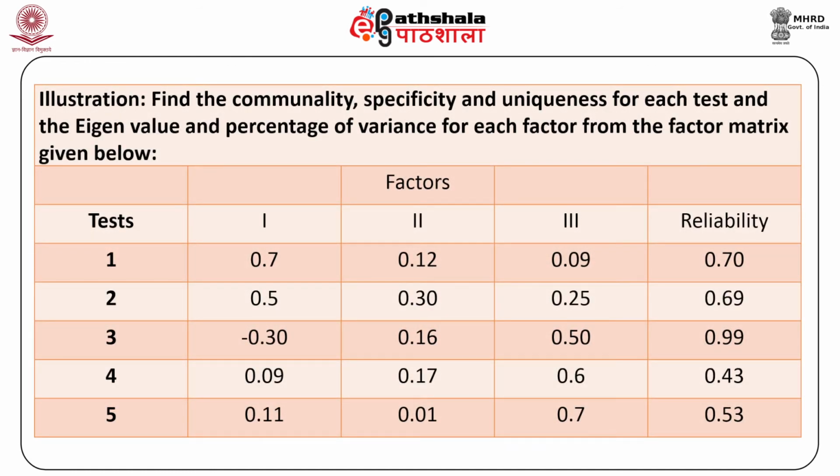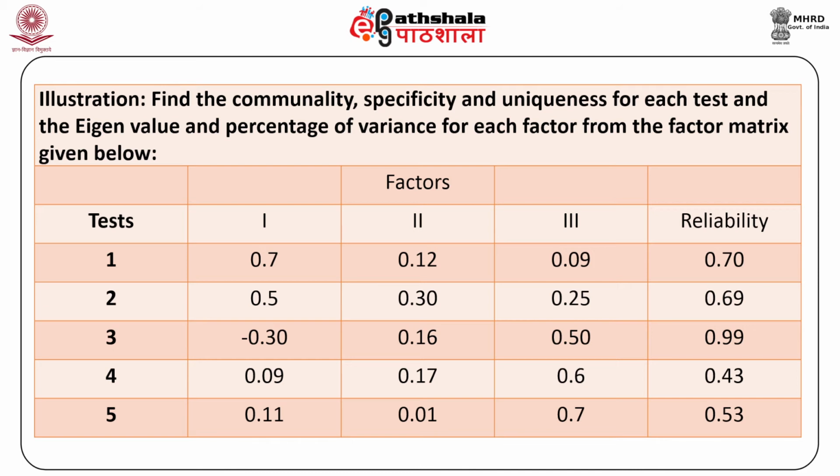Illustration: find the communality, specificity, and uniqueness for each test and the eigenvalue and percentage of variance for each factor from the factor matrix given. For tests 1, 2, 3, 4, and 5, factor 1 is 0.7, 0.5, minus 0.30, 0.09, 0.11.